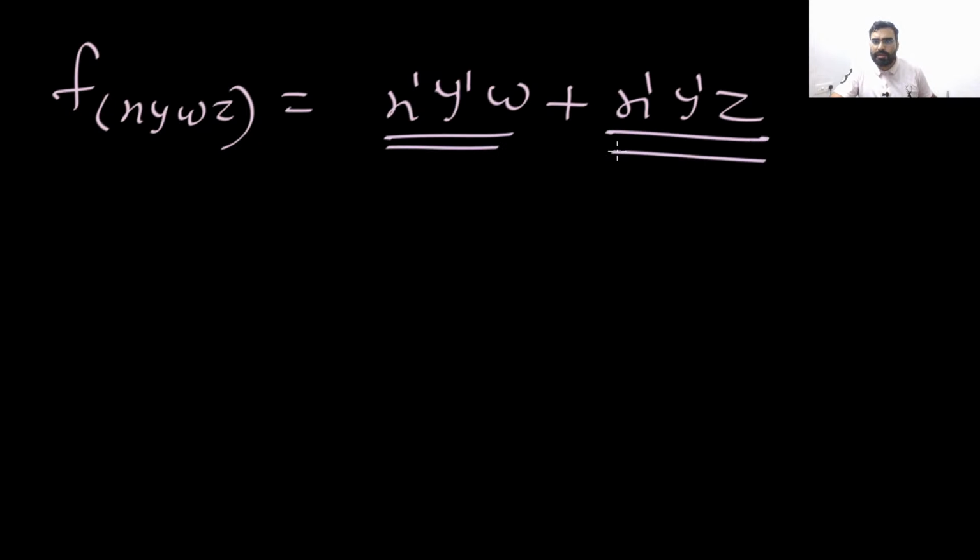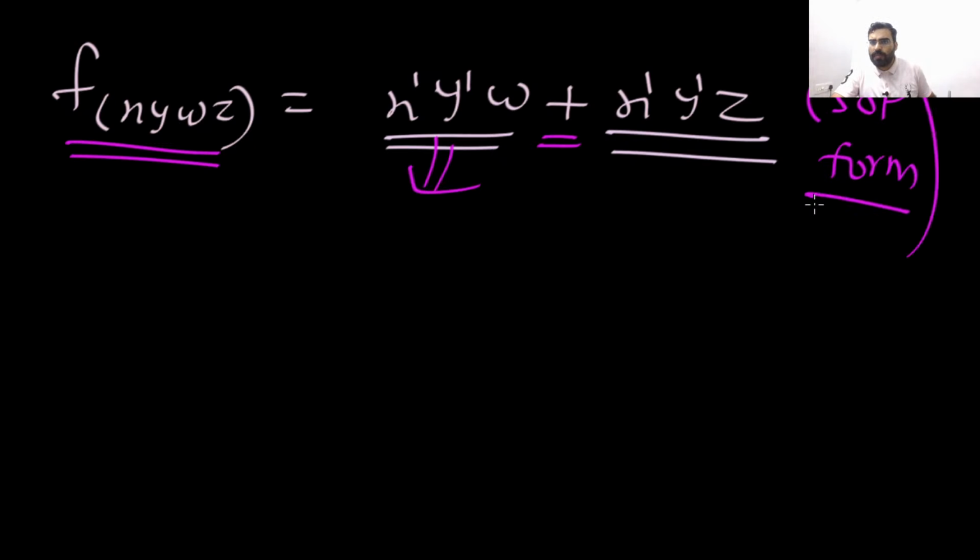Now tell me which minterms make this function 1. So let's find out. I told you a very easy method. If you want to find it, this is your SOP. Now you can notice this is the SOP form.